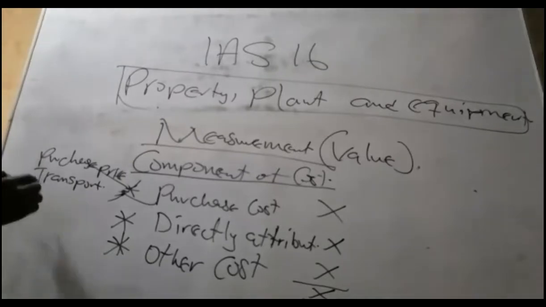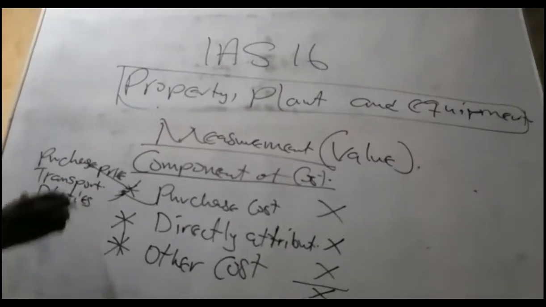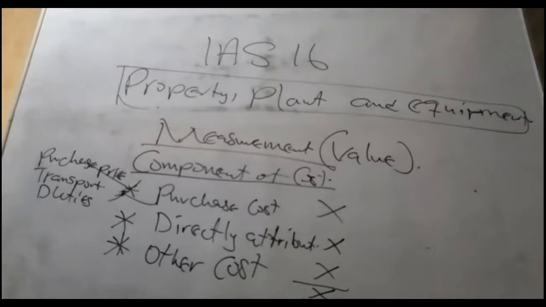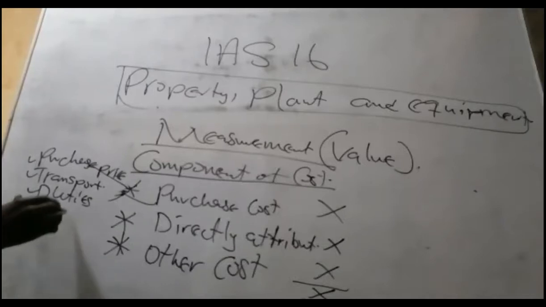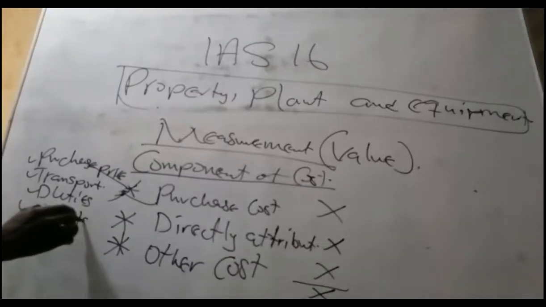Good. And then duties, import duties, right? So duties too is also part of it. Then taxes, but they must be irrecoverable purchase taxes.